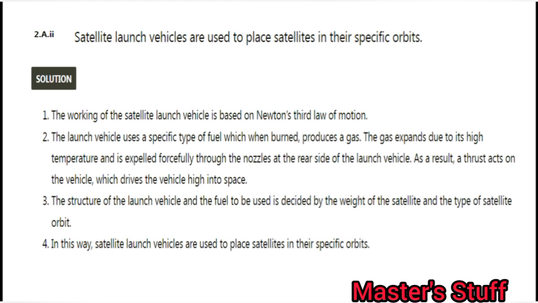As a result, a thrust acts on the vehicle which drives the vehicle high into space. Third point, the structure of the launch vehicle and the fuel to be used is decided by the weight of the satellites and the type of satellite orbit. In this way, satellite launch vehicles are used to place satellites in their specific orbits.